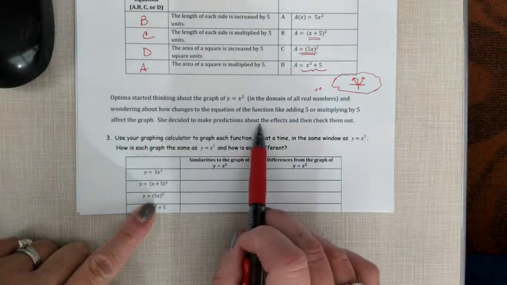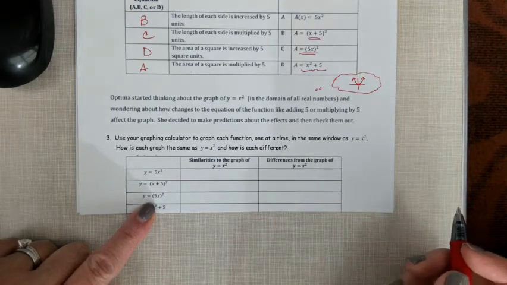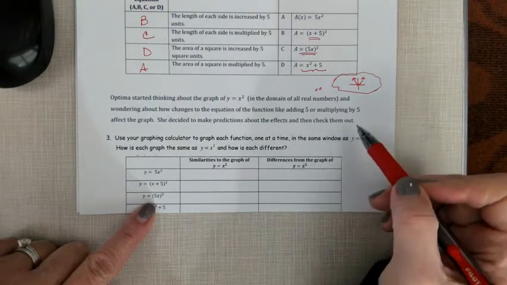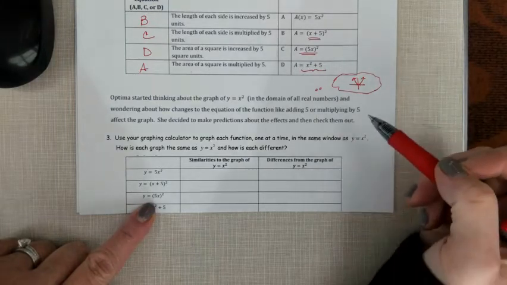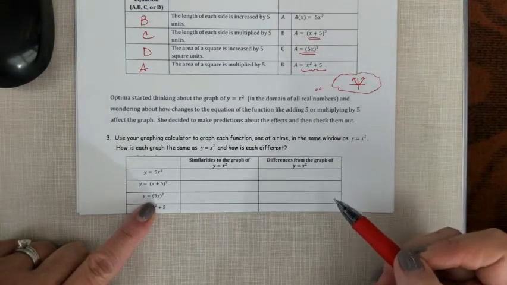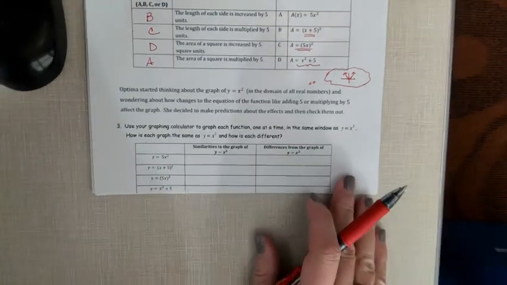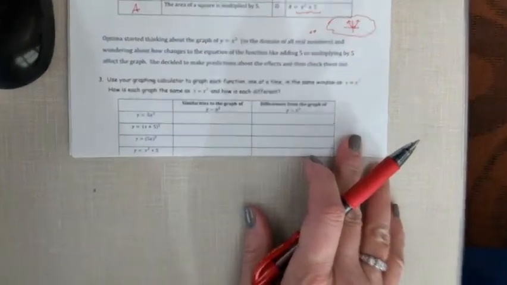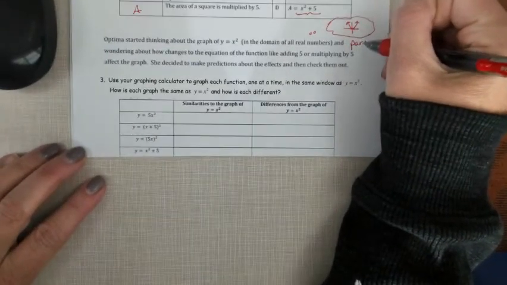She decided to make predictions about the effects and check them out. Now, again, in person, I would have graphing calculators and we would explore this. So I do have an exercise for you tonight where you're going to explore. So I call this the parent function.